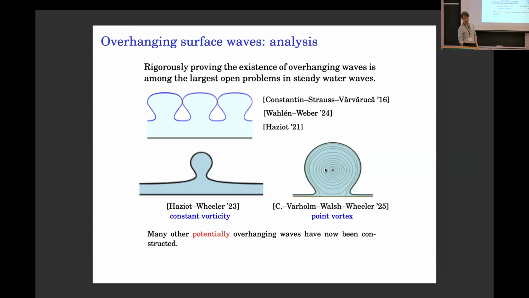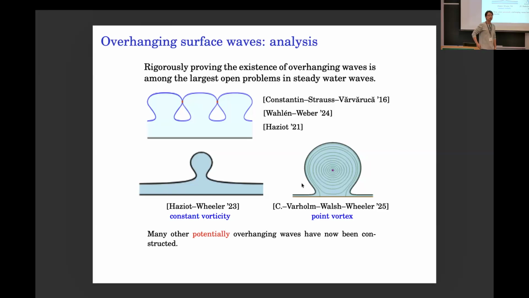This is a numerical calculation; this is a cartoon that they had in their paper, but this is a calculation. As you can see, there's a point vortex centered here, and you see this very much disc-shaped bulk of fluid hanging on top of this very shallow infinite extent of water.